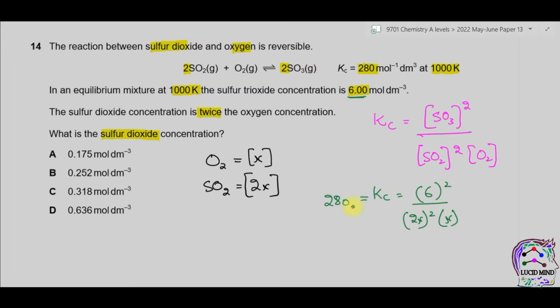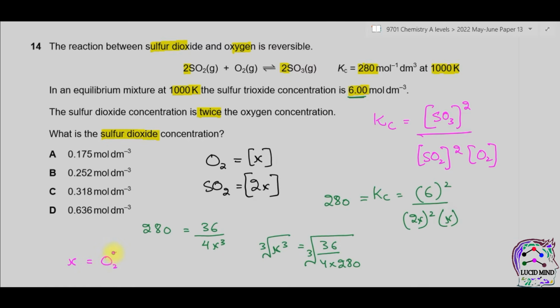Now we can solve this equation to find x. So 280 will be equal to 36 divided by (2x) squared times x. (2x) squared means 4x squared, and 4x squared into x is 4x cubed. So now x cubed can go to the other side, so x cubed equals 36 divided by 4 times 280. Now we can take the cube root on both sides, and this will give us the value of x.